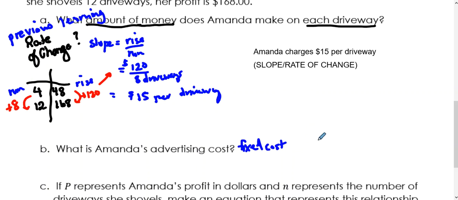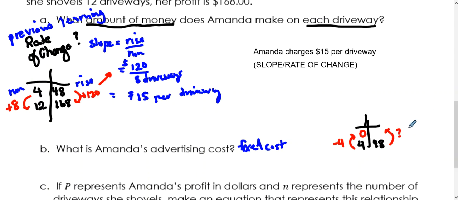All right. So if we looked at this, and if we go back to our table here, and I'm going to go back up to here, we know that 4 gets you $48. And we need to go back to 0. We're going to subtract by 4 because we know that. Well, the question is, what do we have to do to go back?